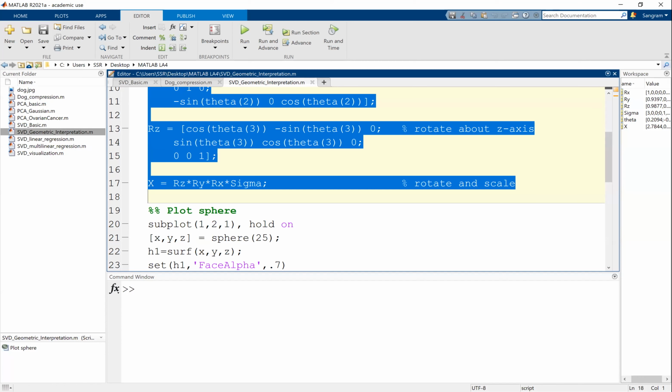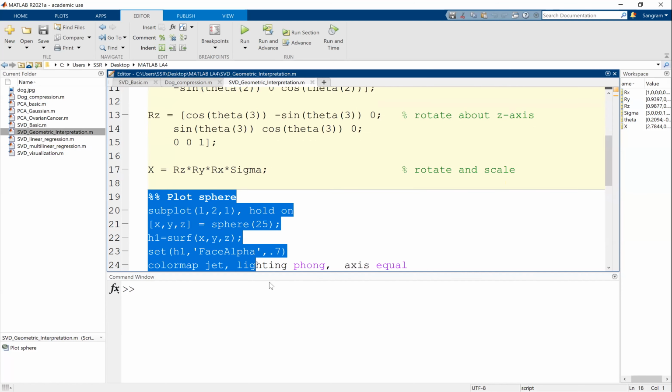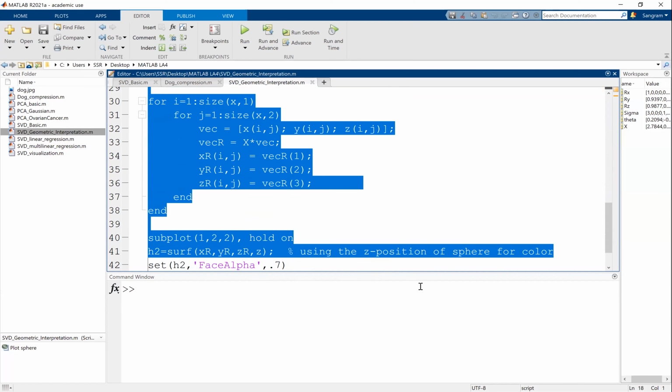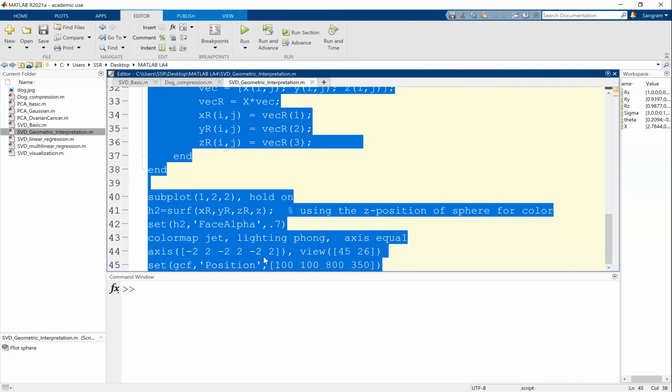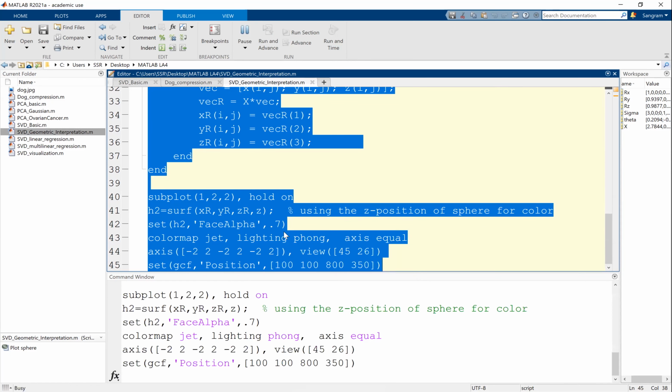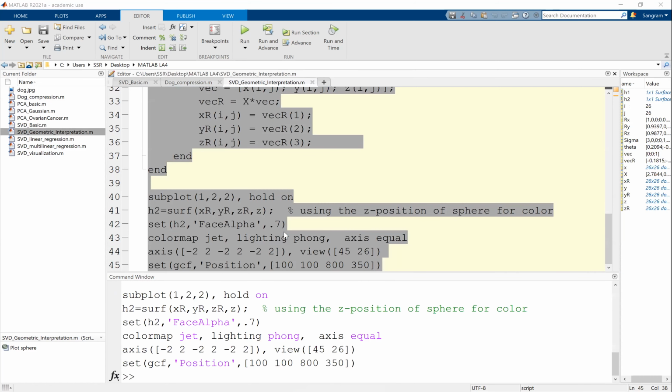When you run this code, it performs the transformation, and then I want you to plot this sphere. This is exactly the geometric representation of SVD.